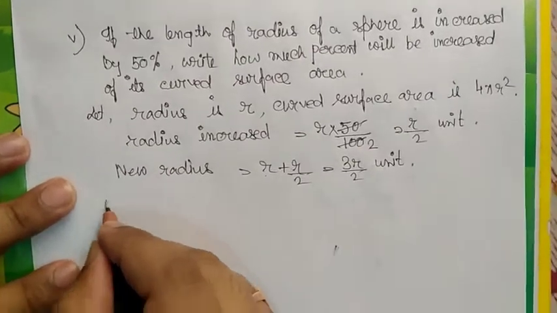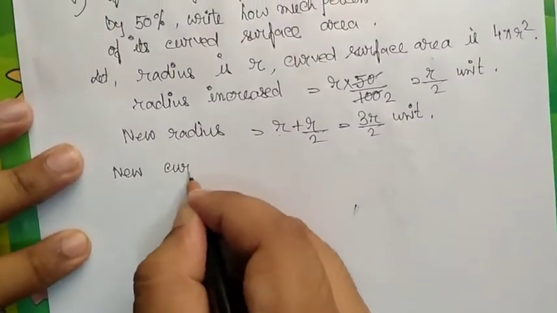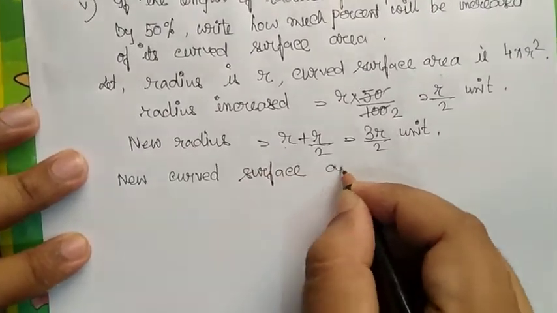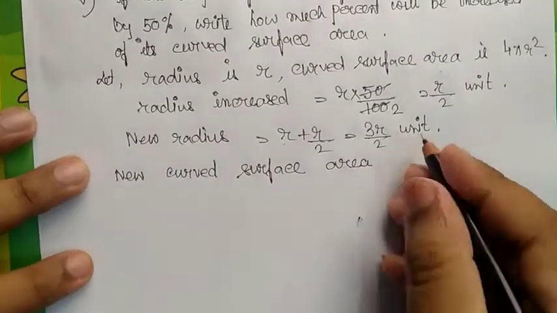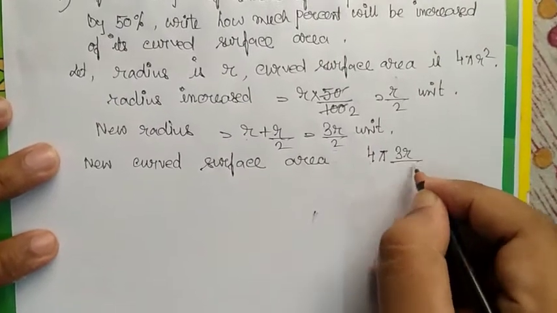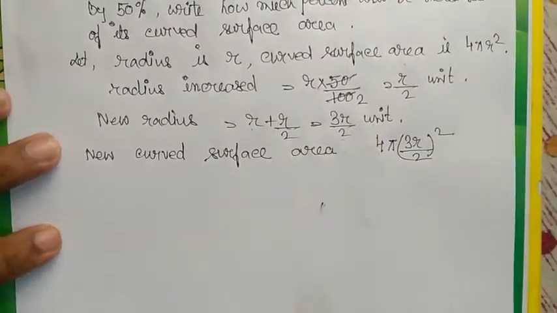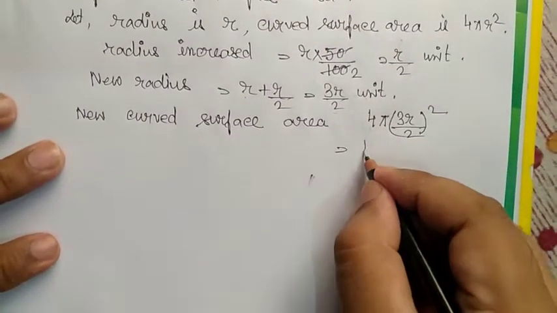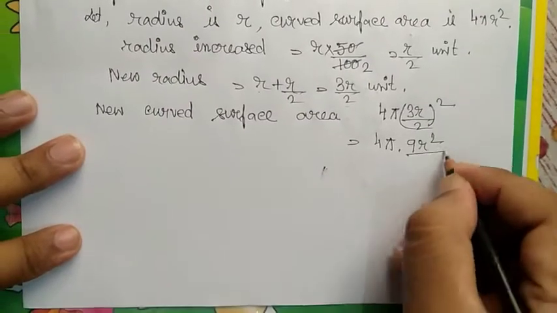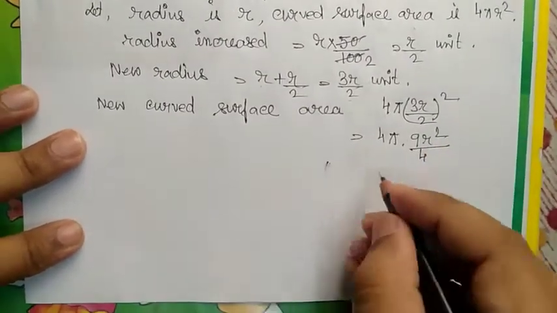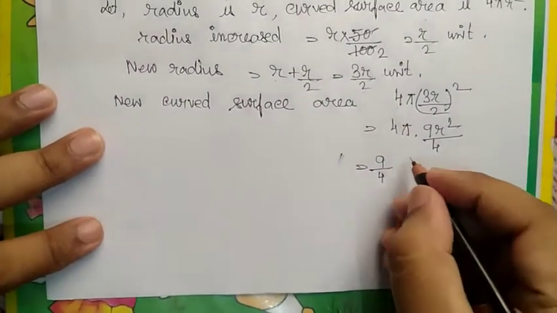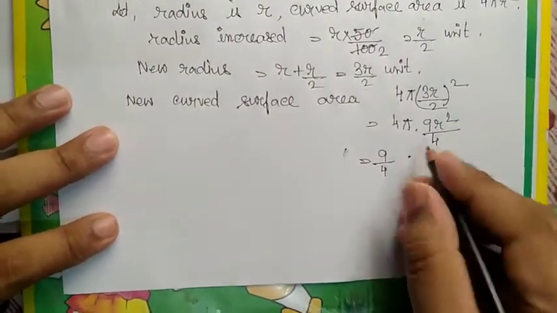So therefore new curved surface area is 4 pi, new radius is 3r by 2, so therefore (3r by 2) square. So therefore 4 pi 3 square 9r square by 4. This 9 by 4 we take forward in the first, and therefore 4 pi r square.